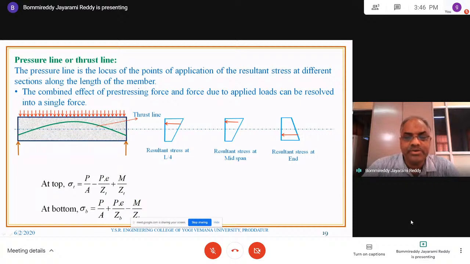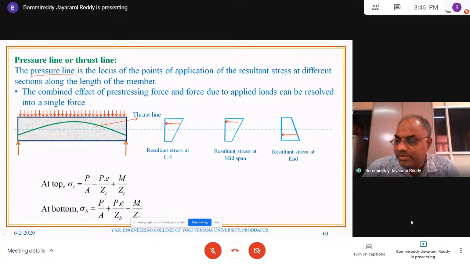So because of the compression, the thrust will be produced. Thrust has a different magnitude and also acts at a different position, depending upon the magnitude and also the eccentricity of the pre-stressing cable.